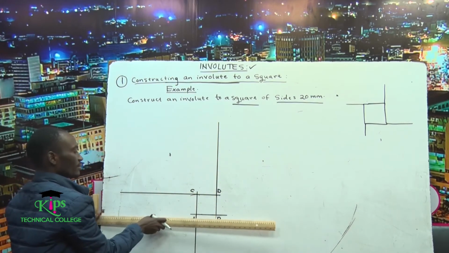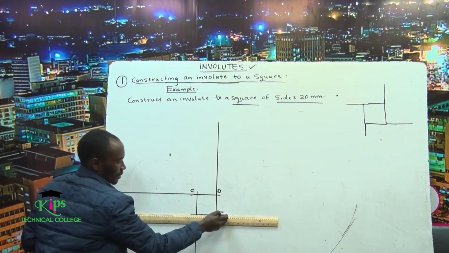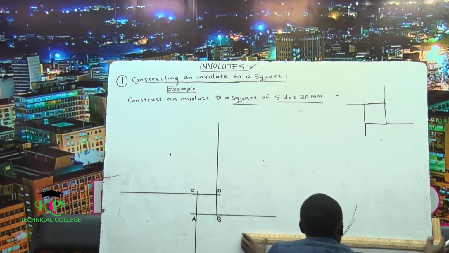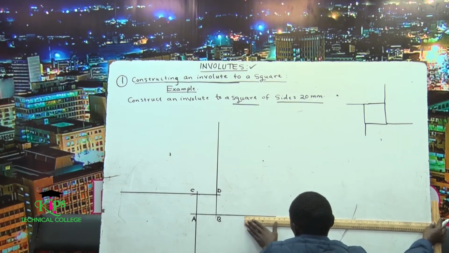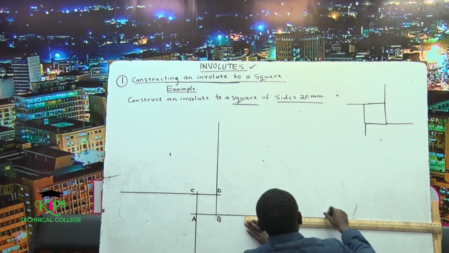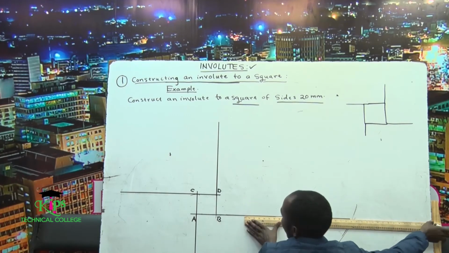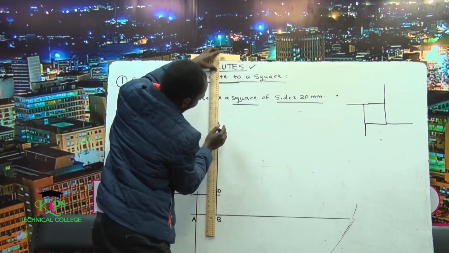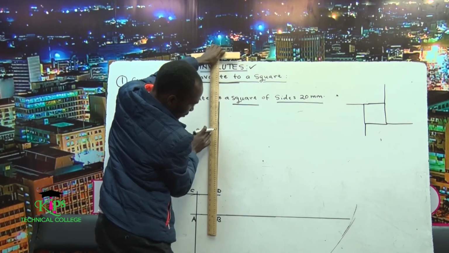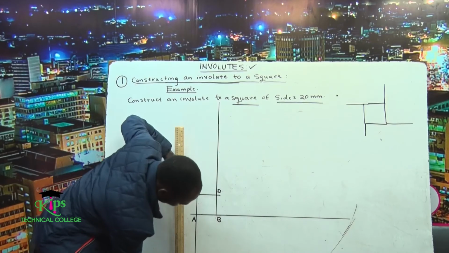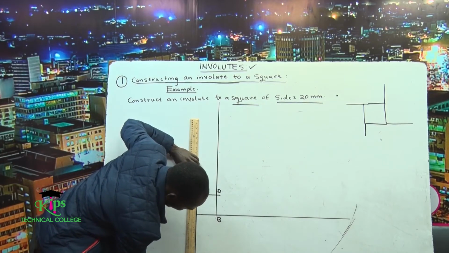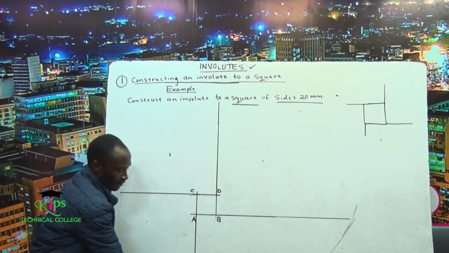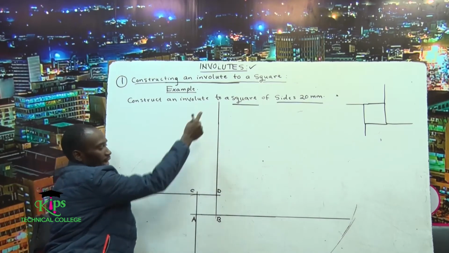Then lastly, I will consider this line. So you can see that I've considered a number of lines: this line, this line, this line, and this line.